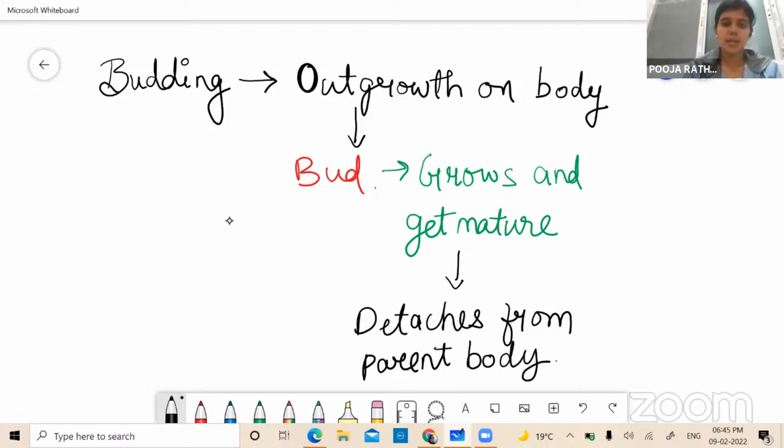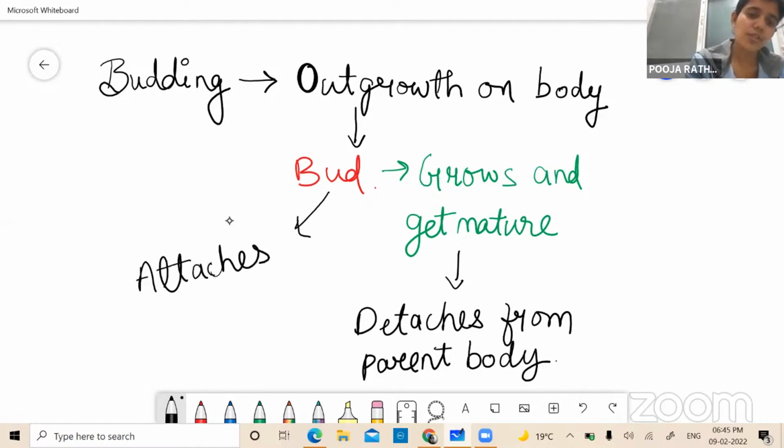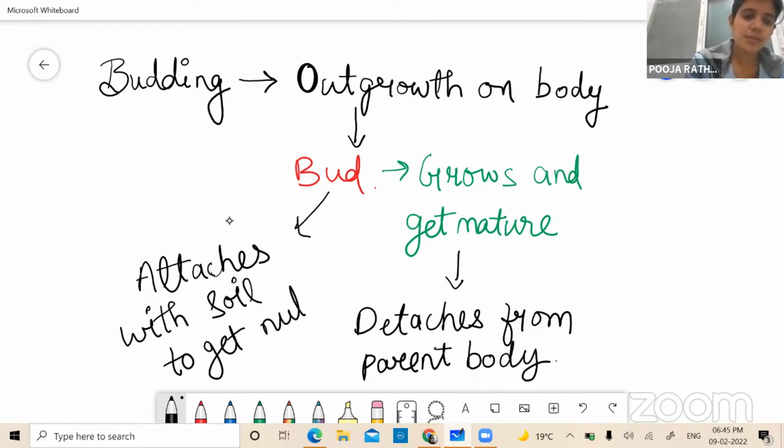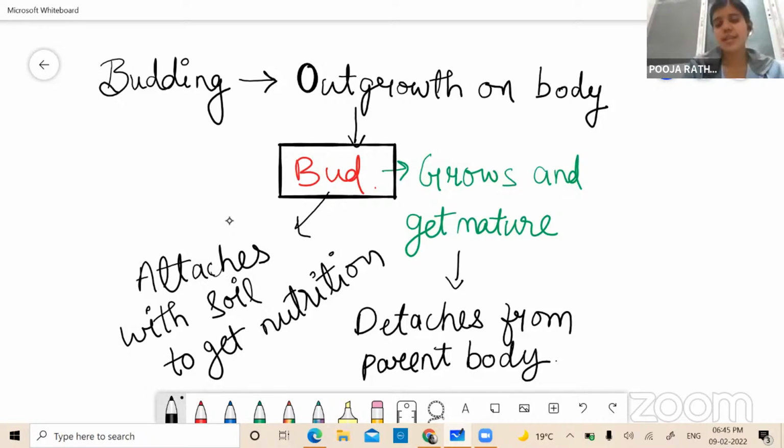After detaching itself from the parent body, it attaches to the soil, from which it can get nutrition. And hence through budding it reproduces. This is the daughter cell in budding.